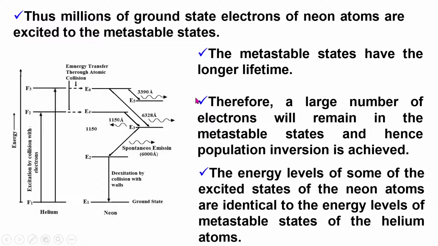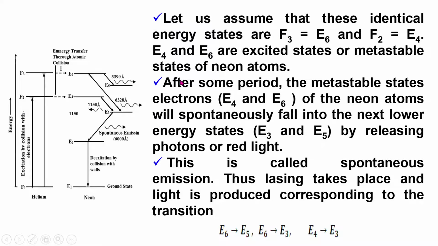Now here the energy levels of some of the excited states of the neon atoms are identical to the energy levels of the metastable states of the helium atoms. That means in these energy level diagrams we can see which states of helium and neon are identical.